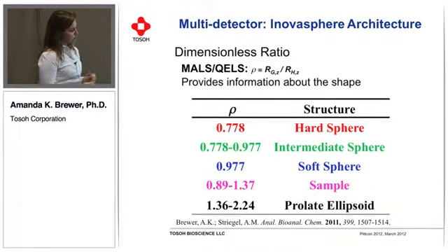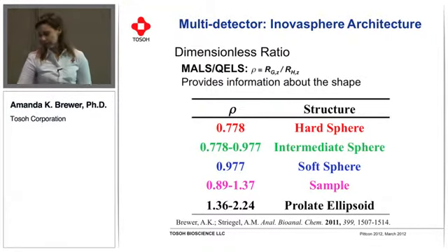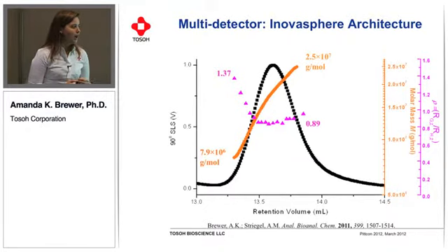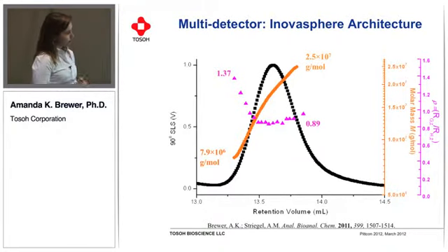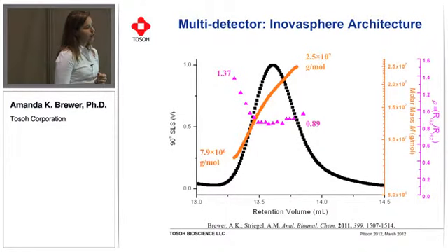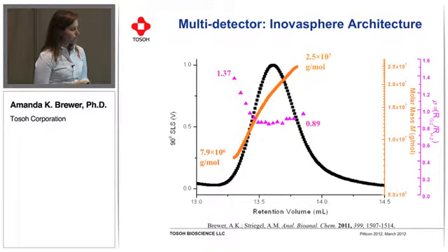So for this particular sample, the rho value ranges from 0.89 to 1.37. And that's somewhere between an intermediate sphere and a prolate ellipsoid. If we look at that in conjunction with the molar mass and the elution profile, we see that the ones that are lower in molar mass have a more prolate ellipsoidal shape than those that are higher in molar mass, which have a more spherical shape.